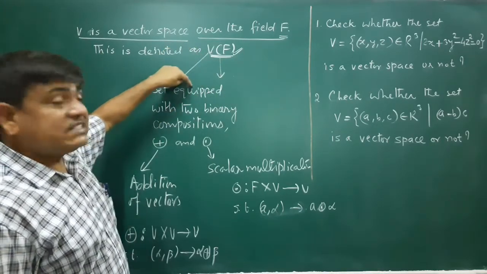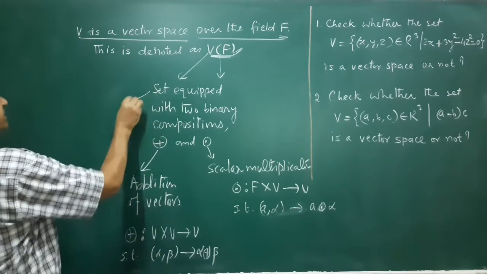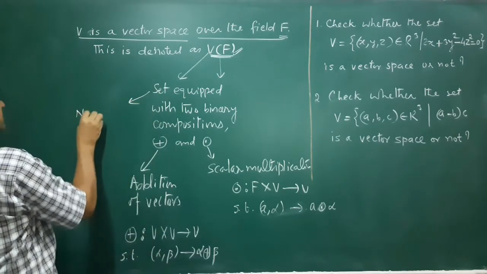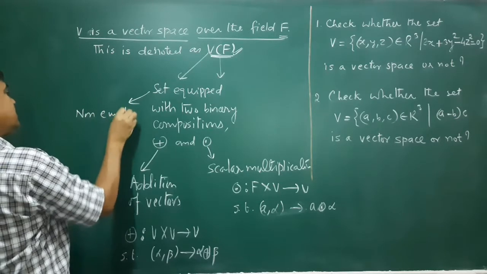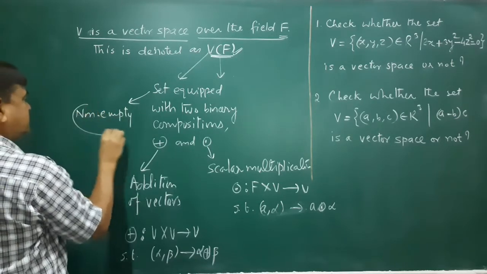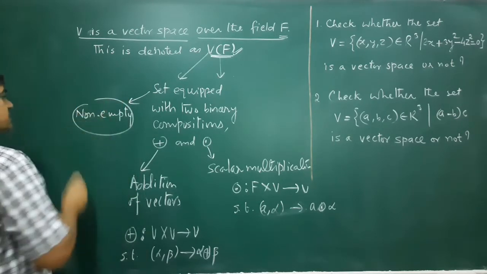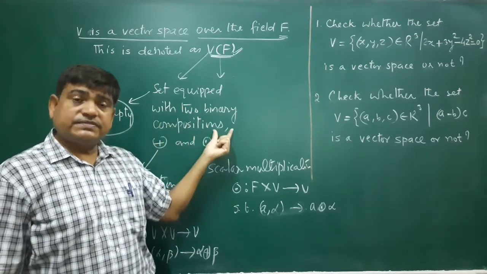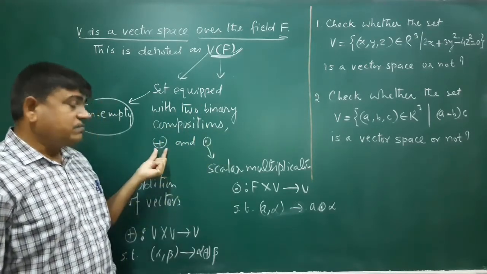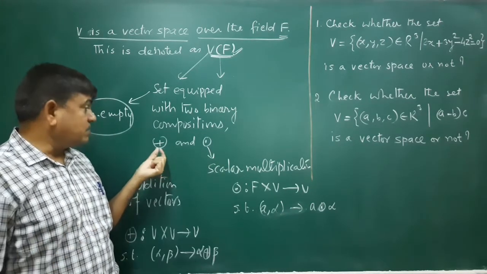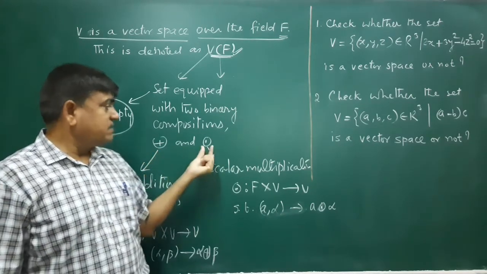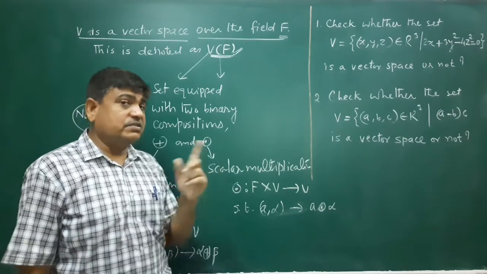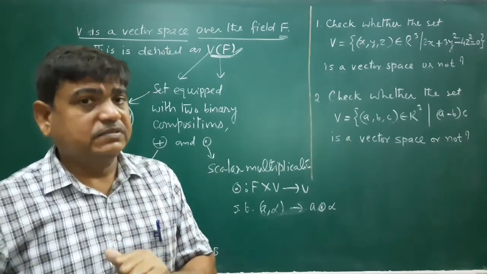This is a set that is non-empty. It must be a non-empty set, equipped with two binary compositions. One is denoted by this symbol. Remember, this is not ordinary plus. This is multiplication, it is not ordinary multiplication.